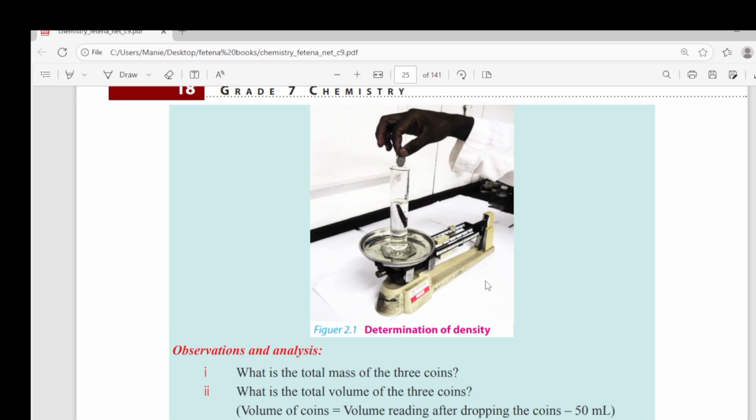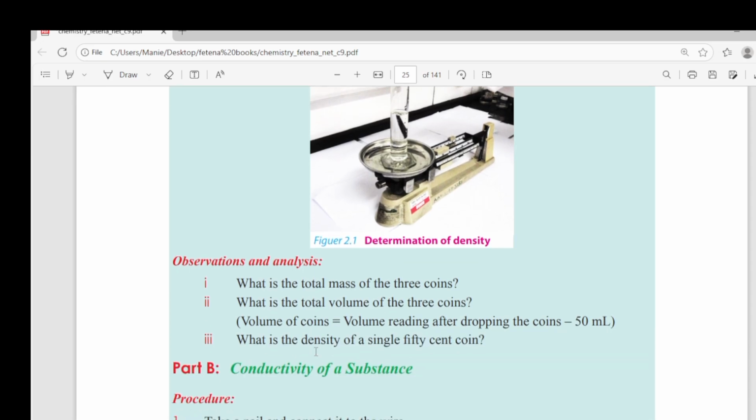So the mass of a given substance per volume of that substance can be calculated as density of that given substance. So here we have this thing, observation analysis, but this is all about an experiment. Therefore it's better for you to see all the experiments practically in the classroom, for it is quite difficult to show here.